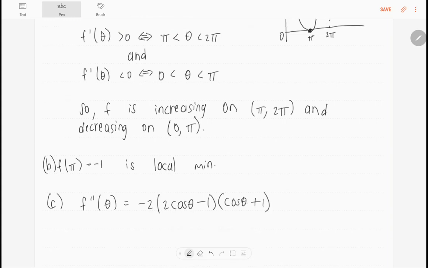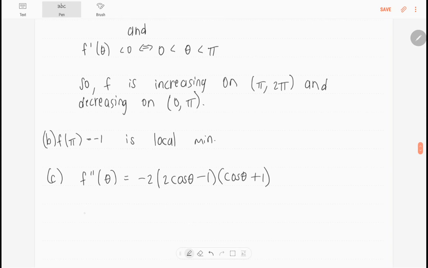So you have to look at where your second derivative is less than 0, because that is where your original function will be concave down.